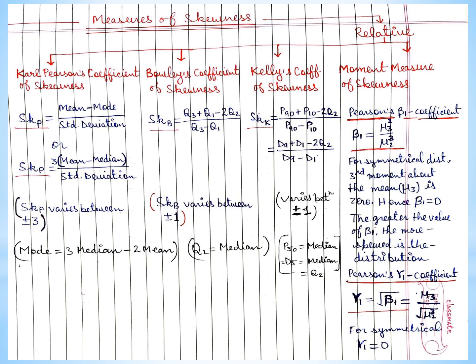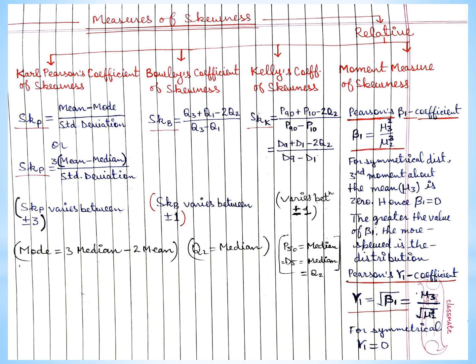Beta 1 is equal to mu 3 square upon mu 2 cube, where mu 3 and mu 2 are the third moment and second moment about the mean. For a symmetrical distribution, the third moment about the mean, that means mu 3, is always 0. Hence beta 1 is equal to 0.